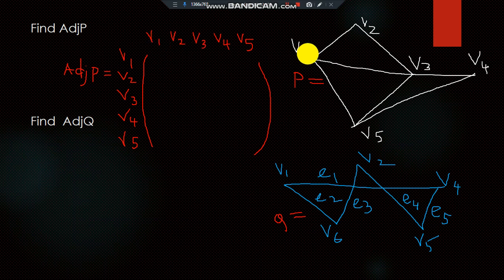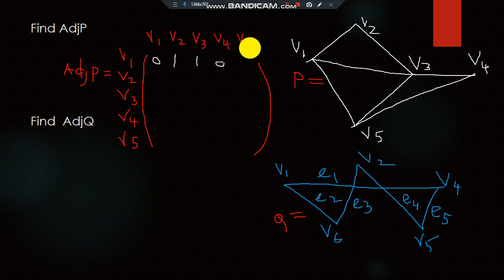Now v1, v1: there's no edge, therefore 0. v1, v2: there is an edge, we put 1. v1, v3: there is an edge, put 1. v1, v4: no, it is not an edge, because another vertex is there before this, therefore we cannot take this full line as an edge for v1 and v4, so we get 0.